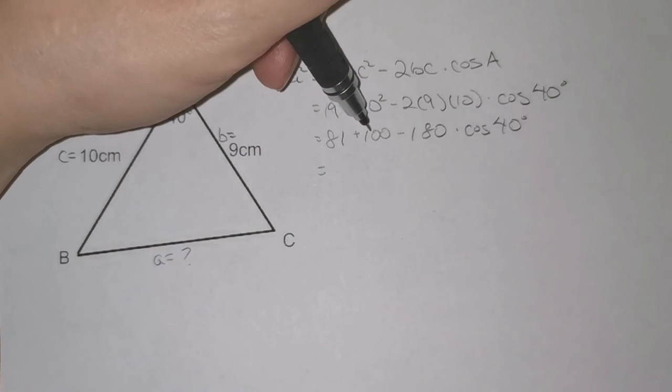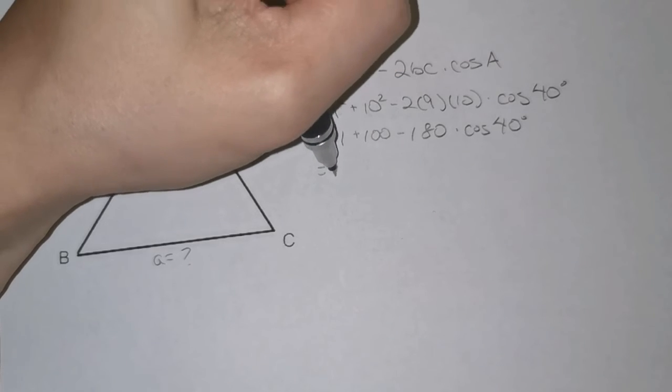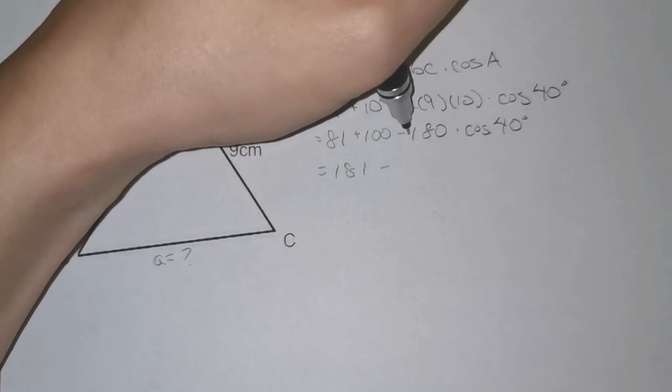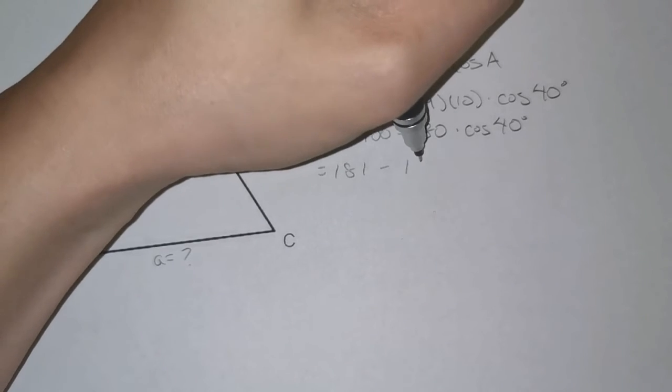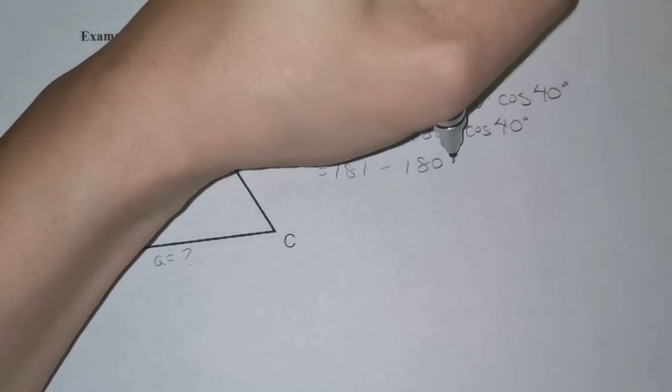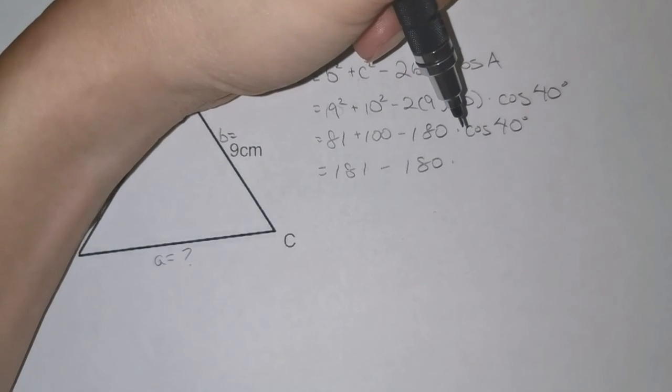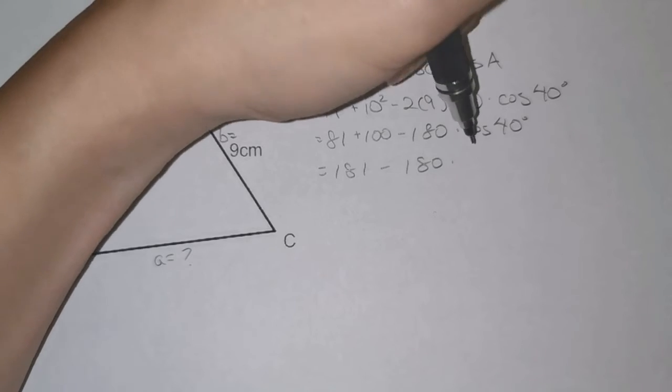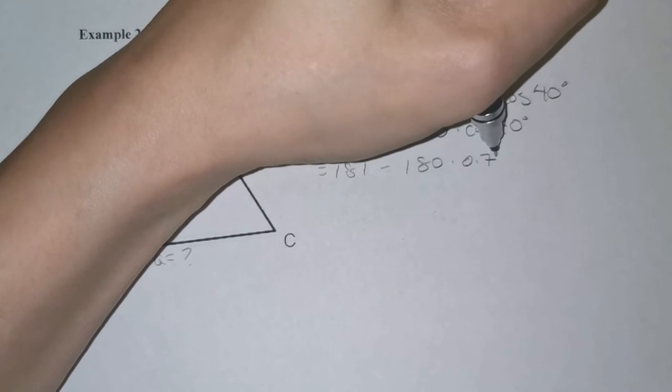Okay, so I'm going to do the multiplication first because the subtraction here has to come at the very end. Times cos 40 is 0.766.